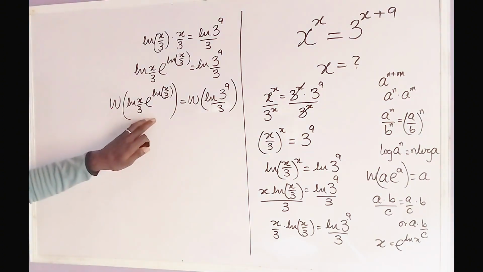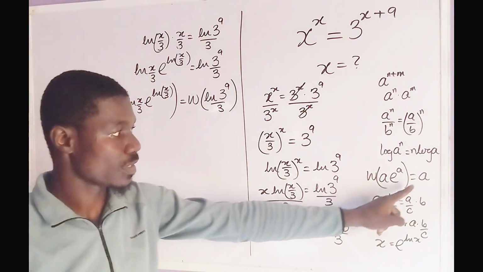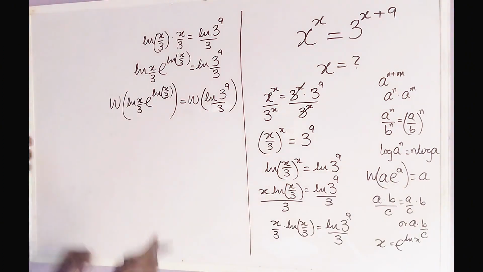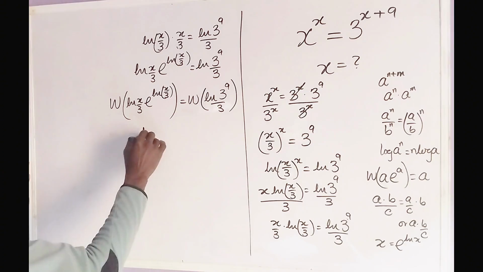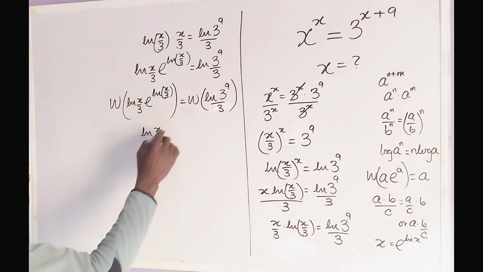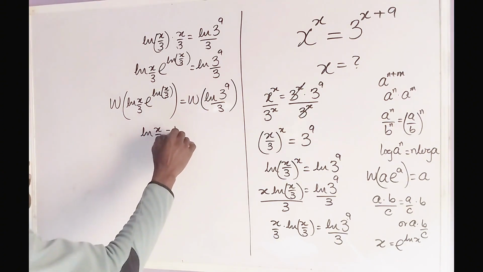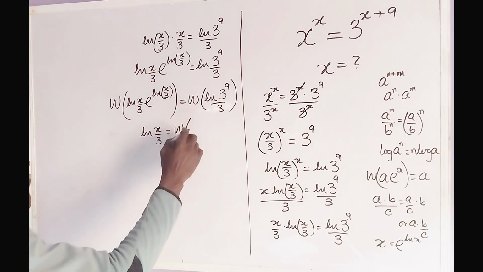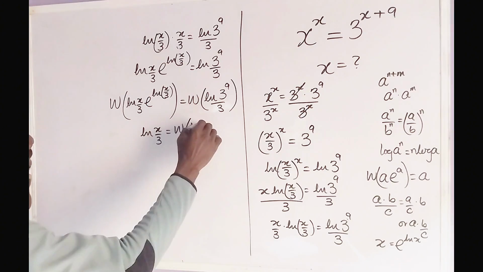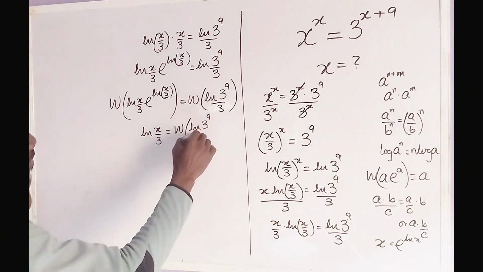Okay, so at this point, take note, this will give us a, which implies here we have ln x all over 3 then equals the Lambert W function of ln 3 raised to the power of 9 all over 3.